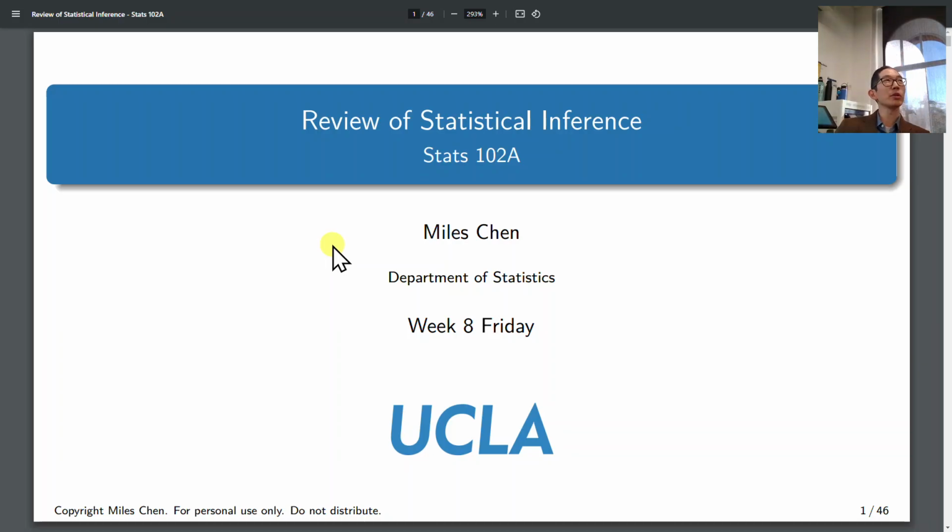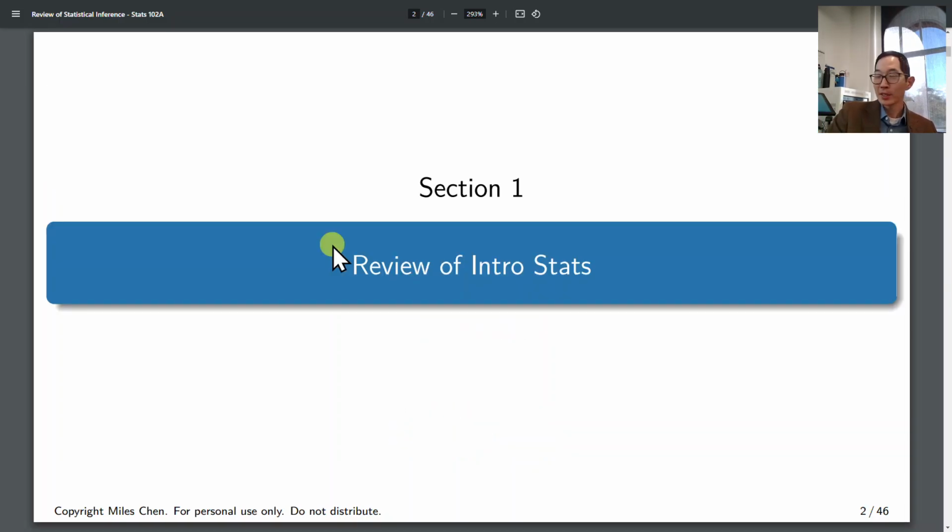Just because we're going to move forward and do randomization tests, we're going to do bootstrap, and we'll run hypothesis testing in those contexts, and it's not going to make any sense unless we have a good solid understanding of statistical inference in the first place.